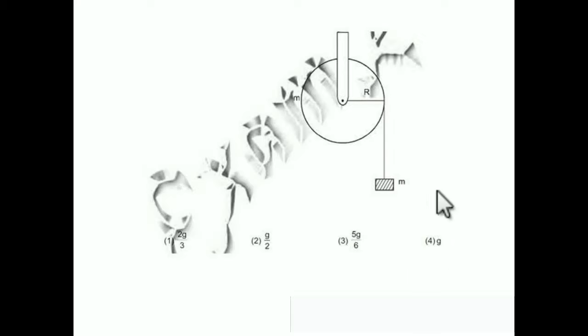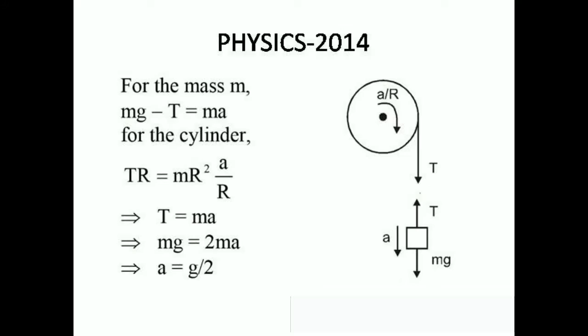Then the tension force in the string is denoted by T. This is the representation of the tension force, and this mass is going downward, so the acceleration is also downward.